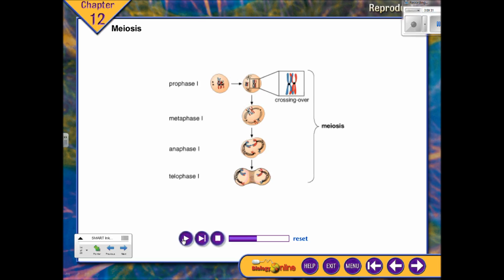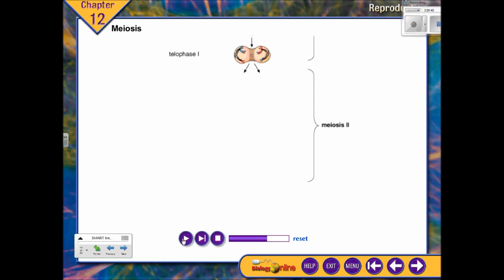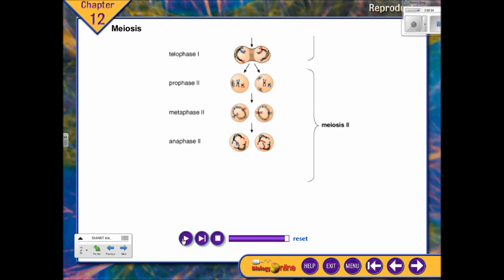Following telophase 1, each daughter cell contains a single mixed set of paternal and maternal chromosomes. These chromosomes are not replicated before prophase 2 begins. During metaphase 2, sister chromatids attach to spindle fibers from opposite poles, as in mitosis. Sister chromatids separate during anaphase 2. The result is 4 haploid cells.